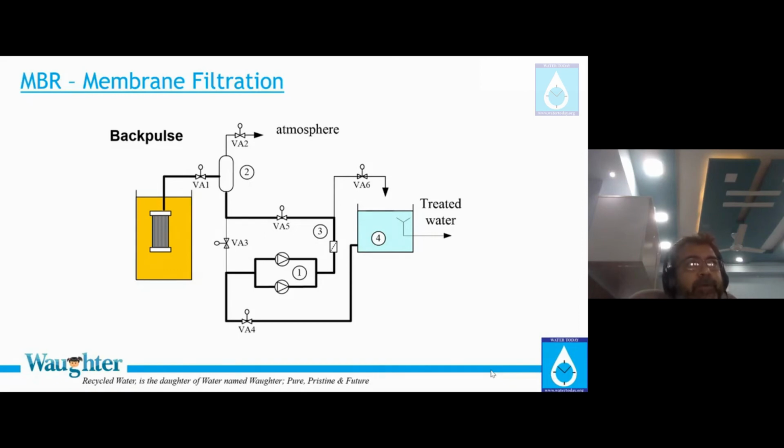So your plant is continuous, okay? Your plant is getting 10 meter cube per hour of effluent, and you're not stopping it. Suddenly you stop the 10 meter cube per hour filtration. That means the level in the aeration tank is increasing, correct or not? Because there is no way effluent is going, and it is increasing, right?